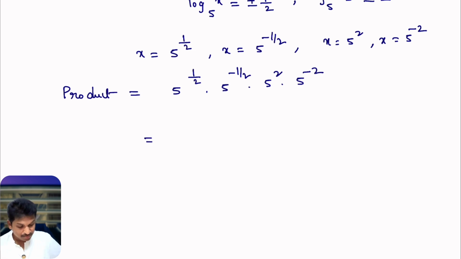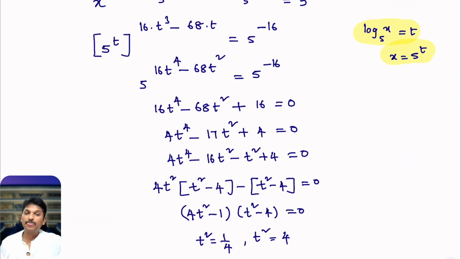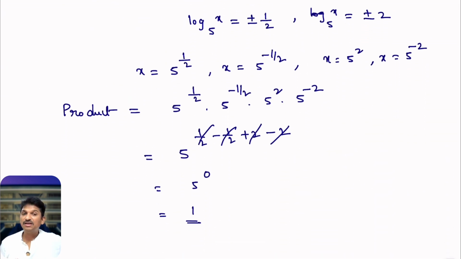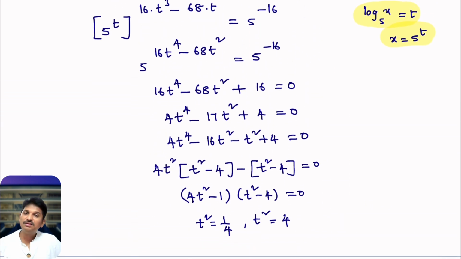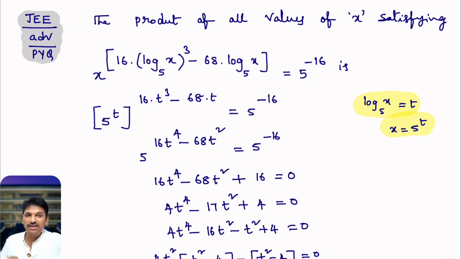Here bases are equal, so powers should be added. 1 by 2 minus 1 by 2 plus 2 minus 2: you can see plus 2 minus 2 and plus 1 by 2 minus 1 by 2 will get cancelled. 5 power 0, 5 power 0 is 1. So the product of all values of x for this problem is 1. Very interesting question. That's why I'll say try. Even if you don't get the answer, it doesn't matter. If you try, there are benefits for trying the problem, right?